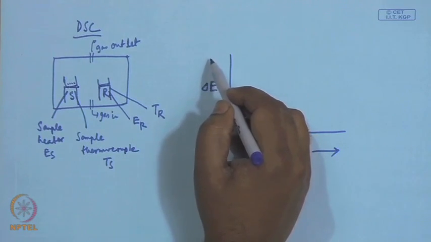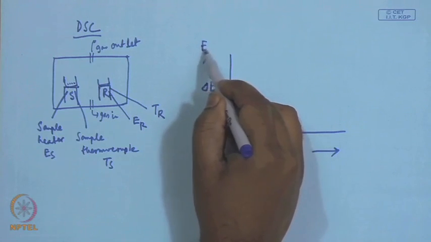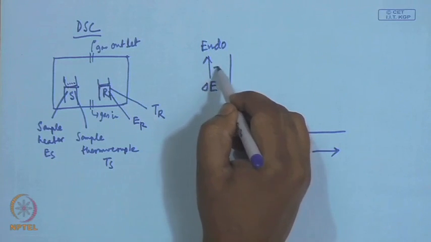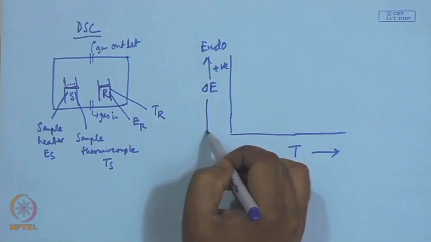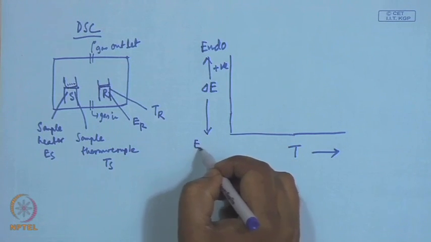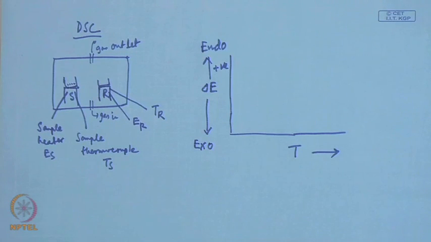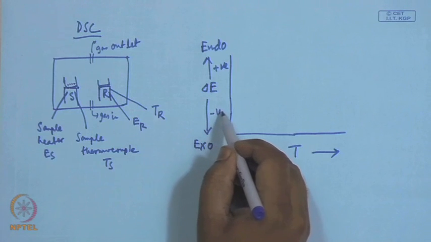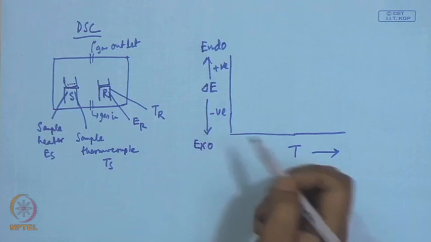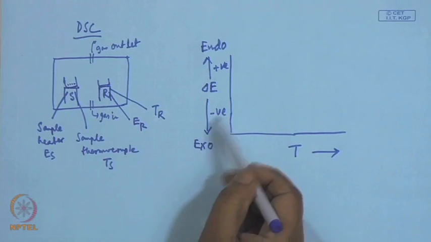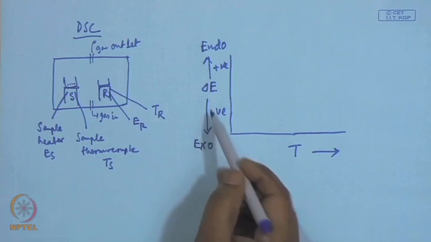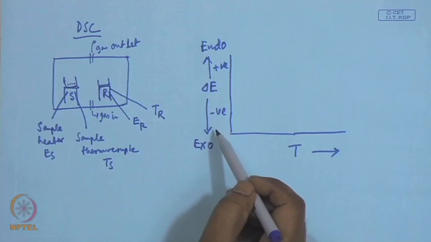If an endothermic process goes on in the sample, then you have to supply energy from outside. If some exothermic process goes on, then heat evolves in the sample. So, to maintain the same temperature between sample and reference, you have to take out some energy. So, delta E becomes negative.